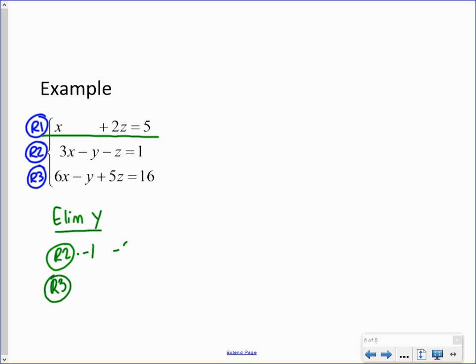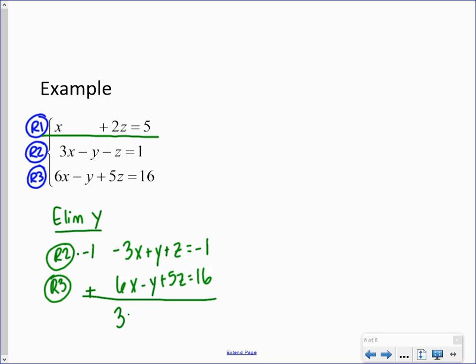Okay, so that's negative 3x plus y plus z equals negative 1. And then 6x minus y plus 5z equals 16. I stack and add those, and I get something like 3x plus 6z equals 15.